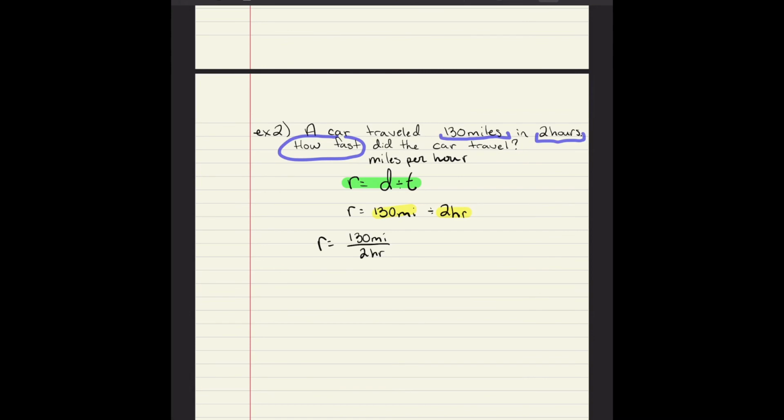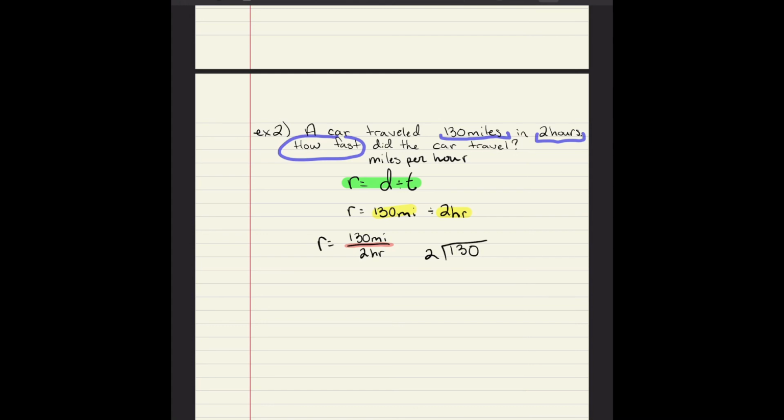With division, since this is a ratio, we can divide these two, even though they don't have the same units. So we can divide 130 divided by 2. By rewriting this over each other, we don't have to worry about finding a common unit, because miles per hour is miles over hours.